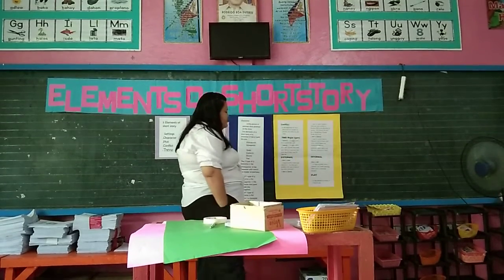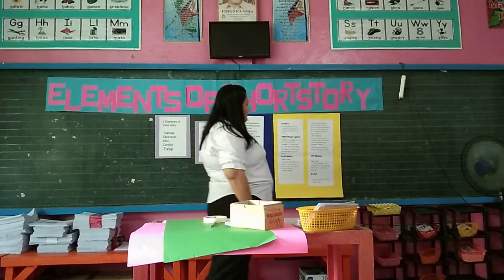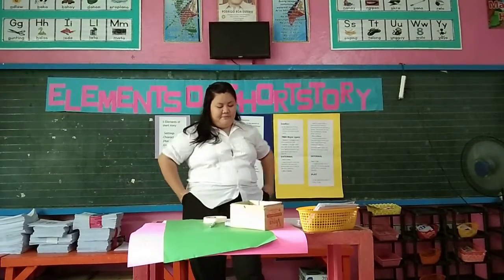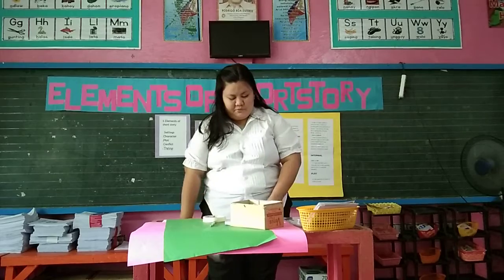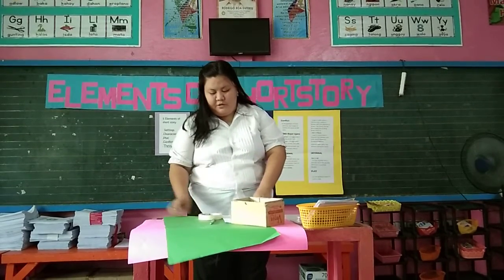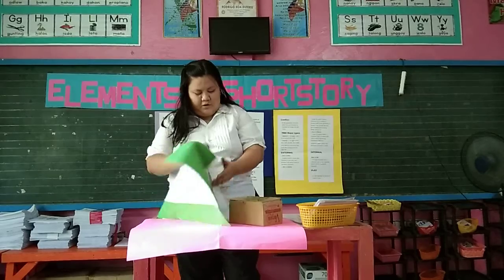So the last element is plot. It is the sequence of events in a story or play. So I have here kinds of plot.